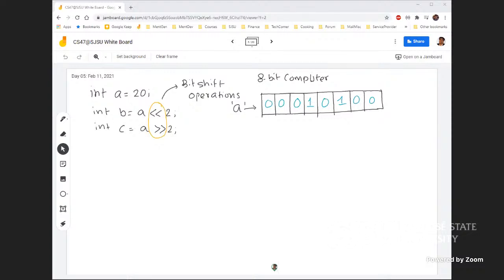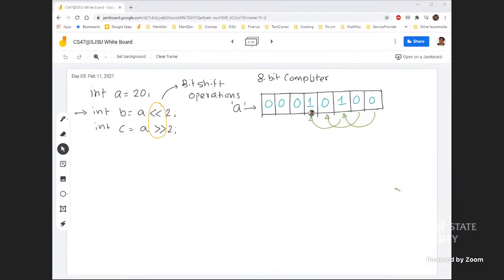Now, the next operation, the left shift. The intention is to make every bit shift to the left by 2 positions. So this bit will be shifted into this position, this bit into this position, and so on.